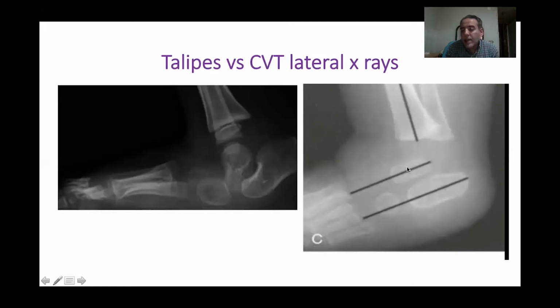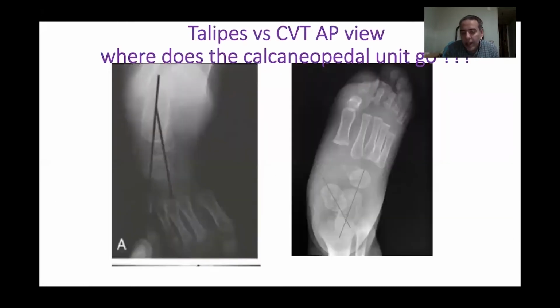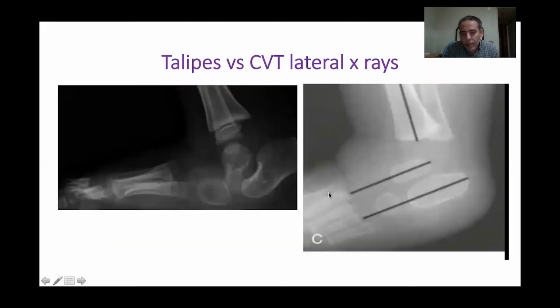This is the lateral X-ray of talipes equinovarus. In the congenital vertical talus, why is the talus completely vertical in here? It's completely vertical because, as we saw in the previous X-ray, the calcaneus externally rotated, so the talus is not supported anymore. What happens?